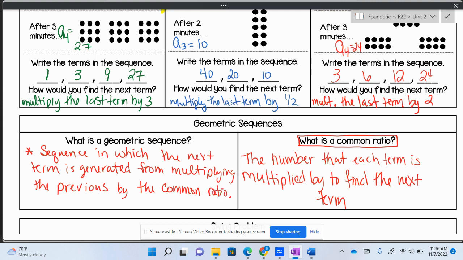So the next term is generated by taking the previous term and multiplying by the common ratio.